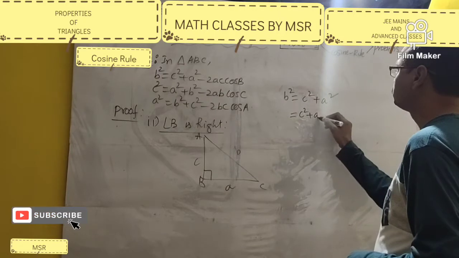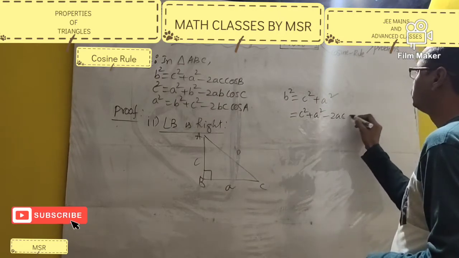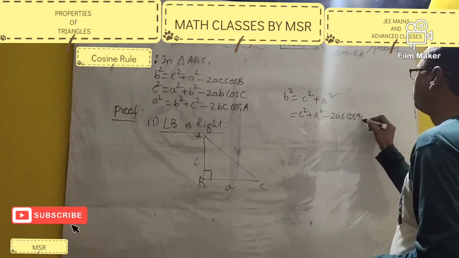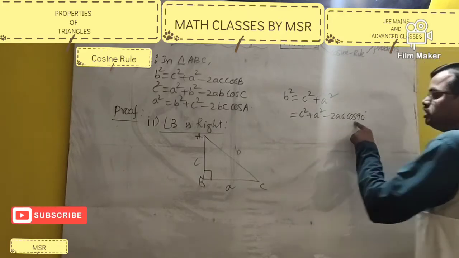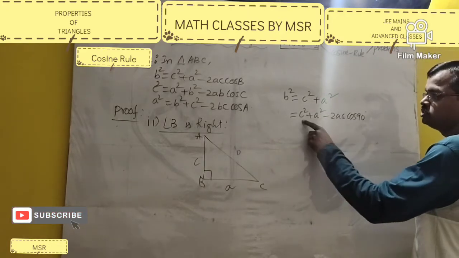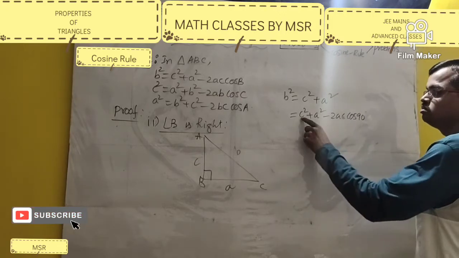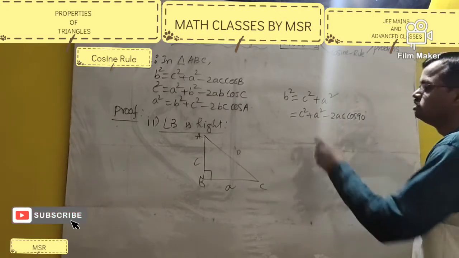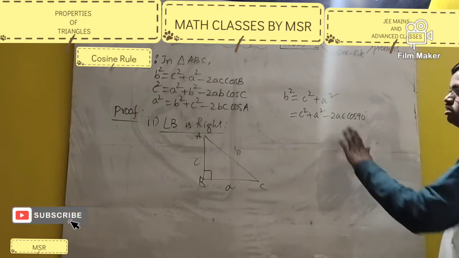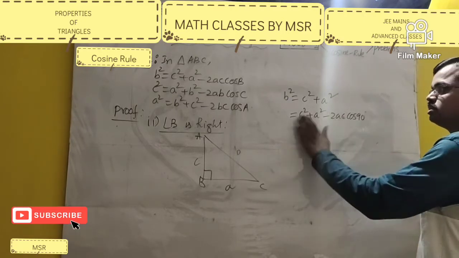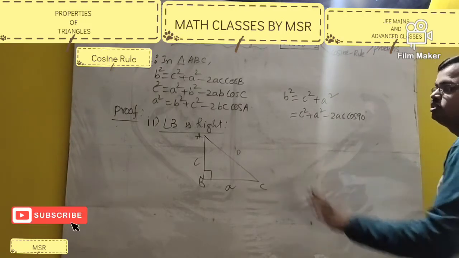c² + a² − 2ac cos 90°. What is the value of cos 90°? It is 0. So c² + a² − 0 is equivalent to c² + a² only. So even if you write this, the value will not be changed.